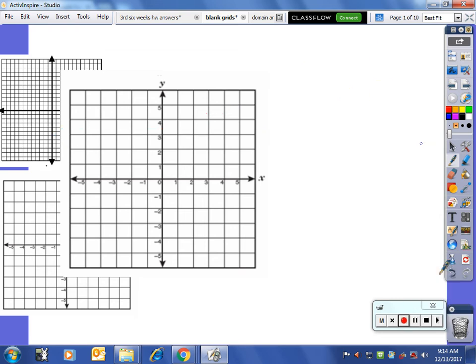Let's try another one. Can you tell what the asymptote is here? Yeah, the asymptote here would be y. Let me do it in red this time.